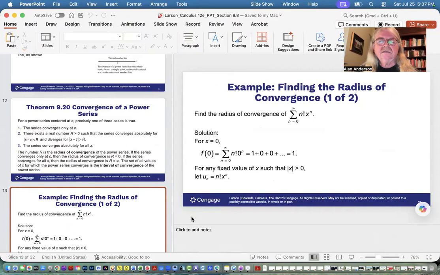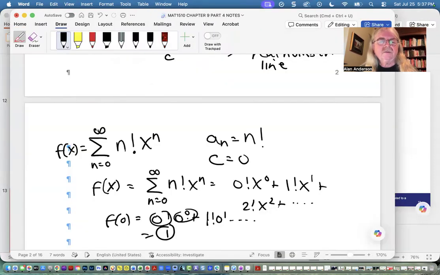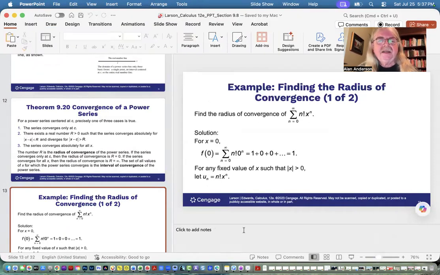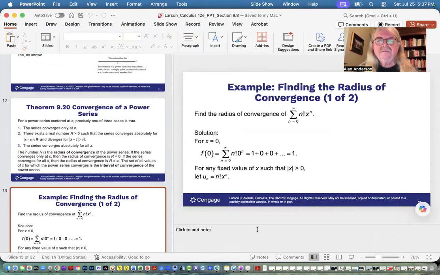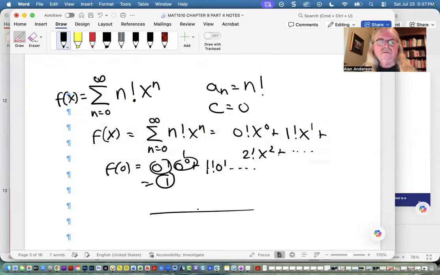We're treating this as 1, because 0 to the 0 is 1. So in other words, it only works at 0.